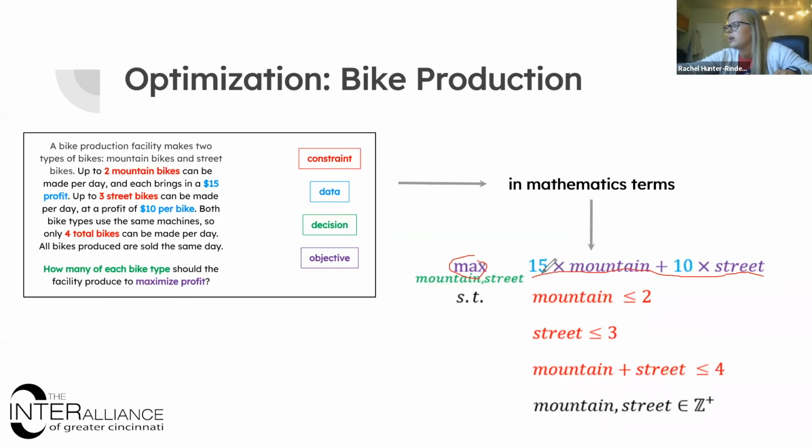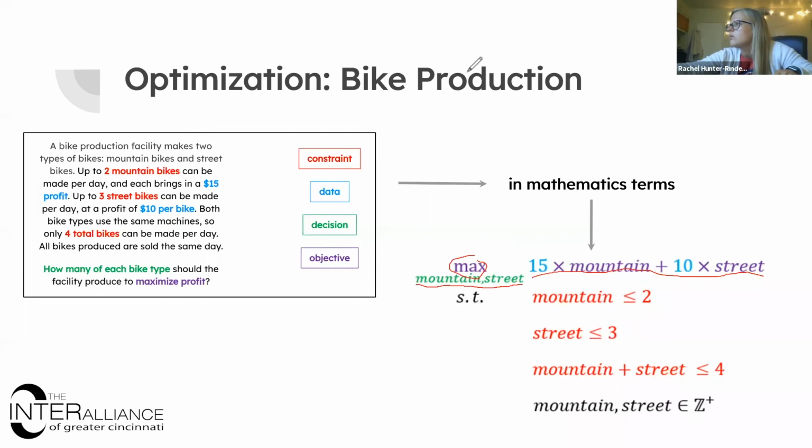We know that our profit would be equal to 15 times the number of mountain bikes that we make plus 10 times the number of street bikes that we make. This here in green is showing that mountain and street are the 2 variables that we're trying to decide. So we haven't yet set a value on either of those. Those can change, and those changes are what's going to change our objective function value, which we're trying to maximize here.